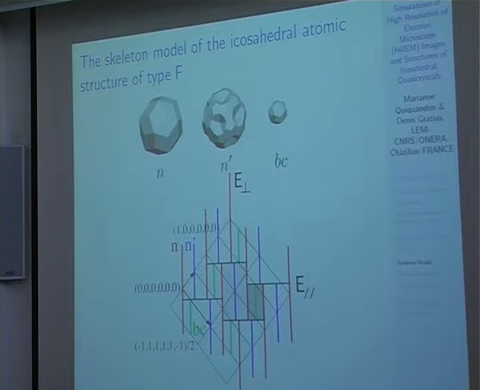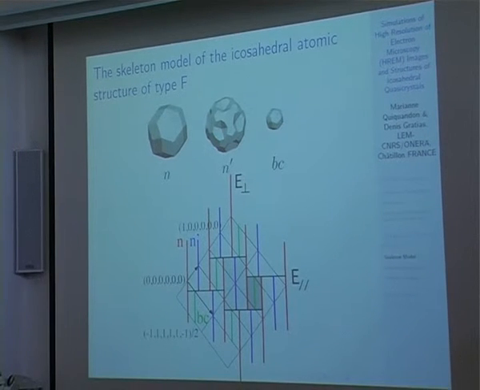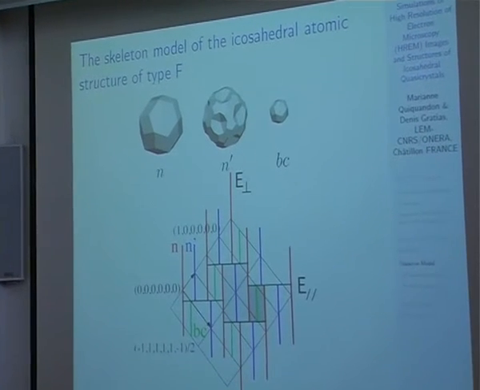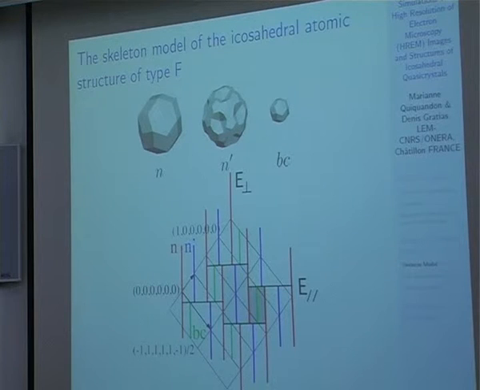Now I want to describe the skeleton model of the icosahedral atomic structure of type F. I recall that the type F corresponds to the unit cell in the hyperspace that has the faces occupied by atoms. Some models use fitting parameters, more than 100 fitting parameters. Because we use fitting parameters, it's difficult to correlate the structural model with the physical properties.